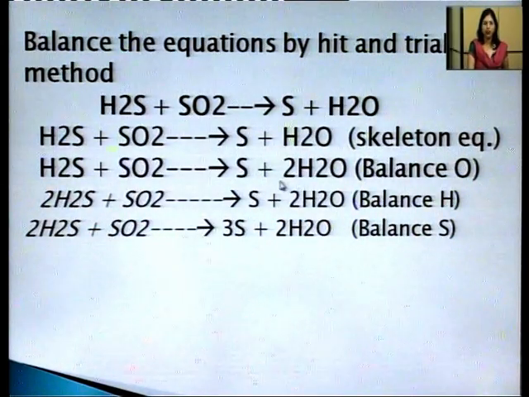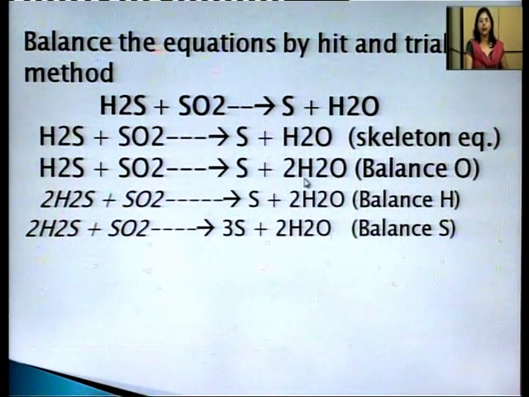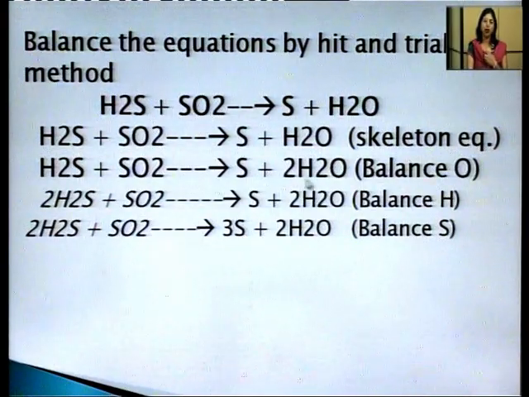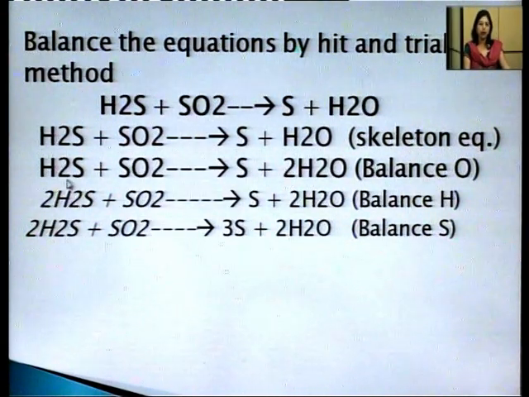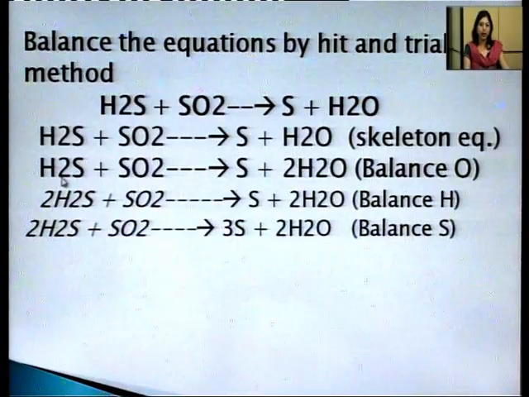In the next step, if we compare the number of hydrogen atoms on the product side, after multiplying water by 2, the hydrogen atoms have become 4, but the reactant side contains only 2 hydrogen atoms. So we have to balance hydrogen atoms now.